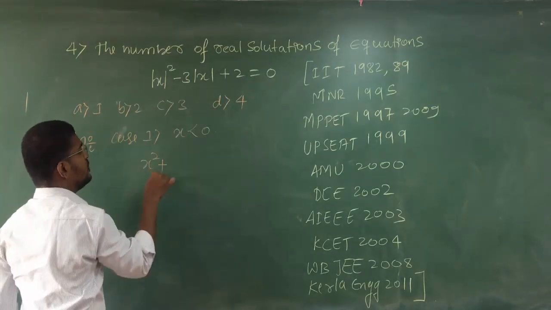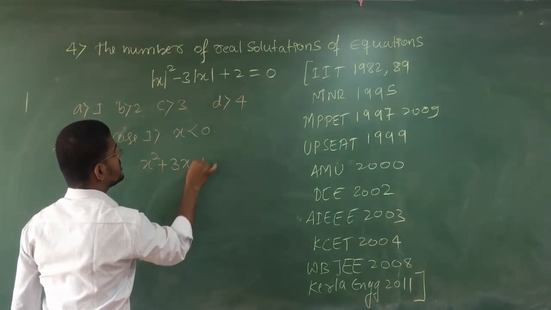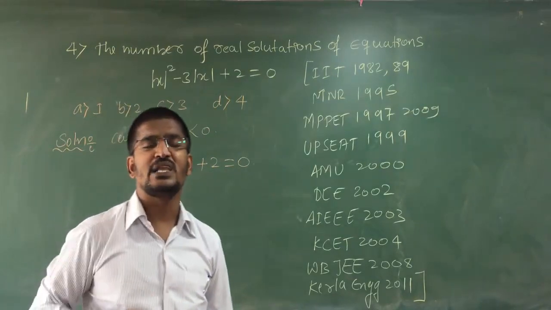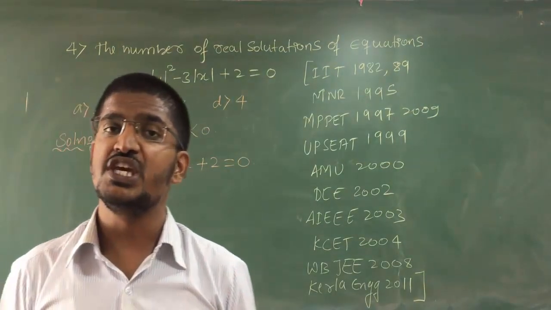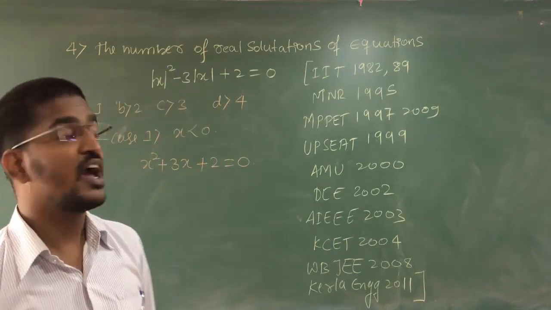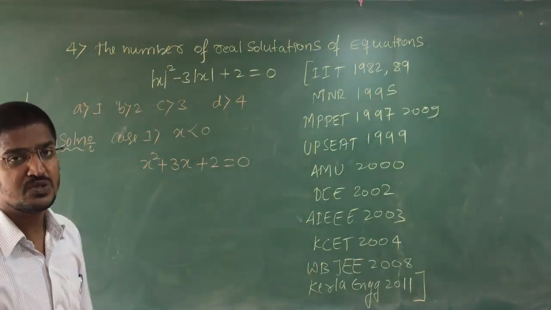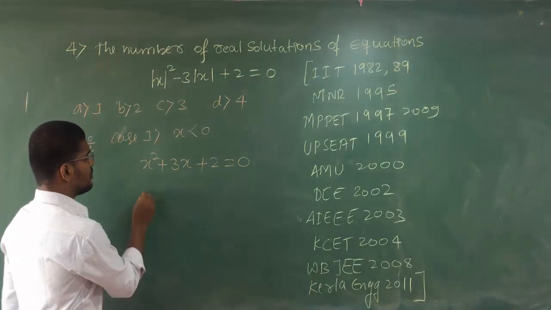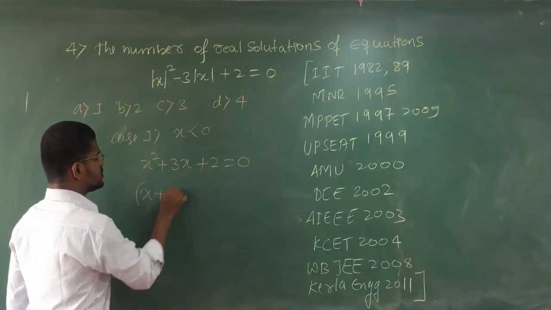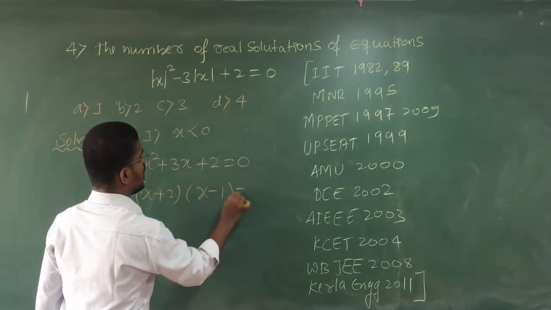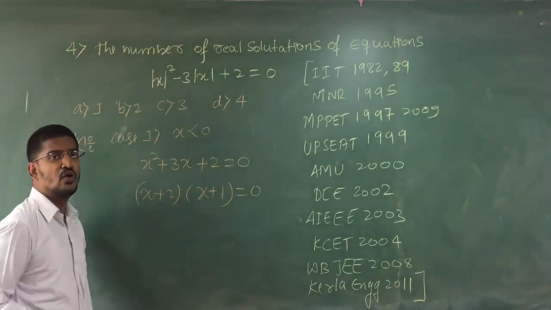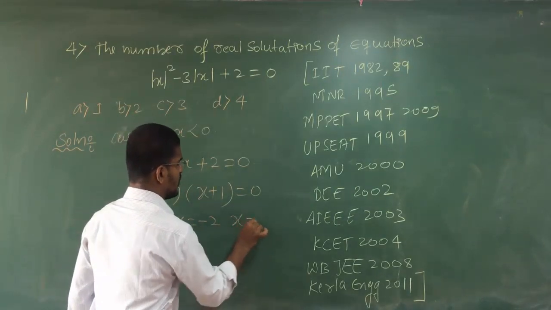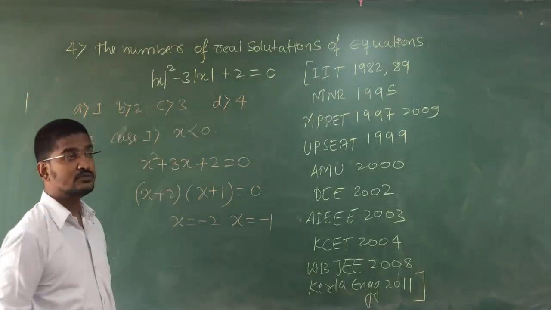Negative into negative will be positive, so x^2 + 3x + 2 = 0 for case 1. Factorize this again. You must be very fast in factorization. Don't write each and every term. It will be (x + 2)(x + 1) = 0. So x = -2 and x = -1.